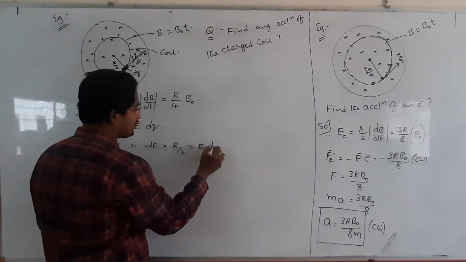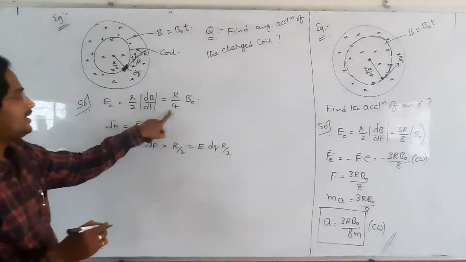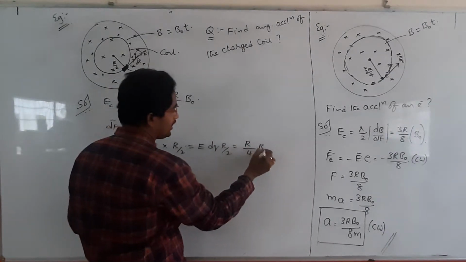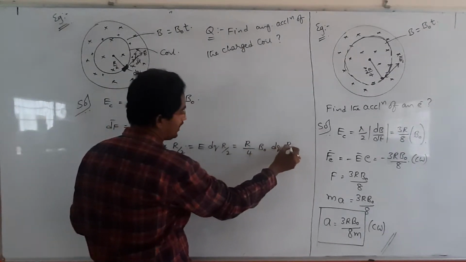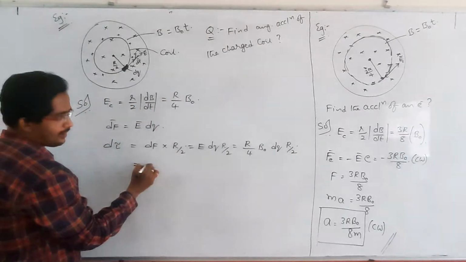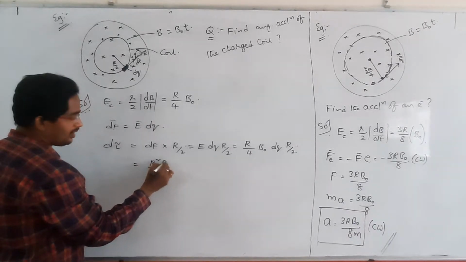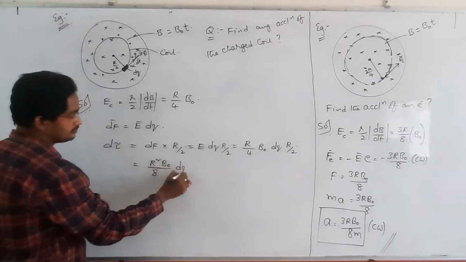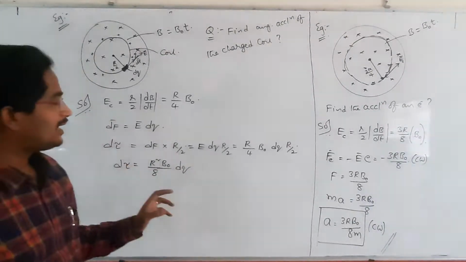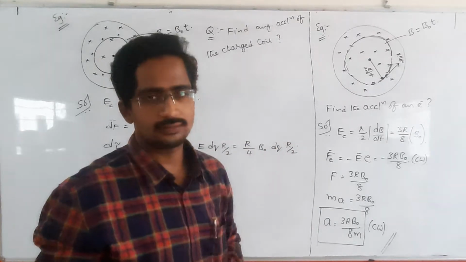E dq. What is the E value obtained here? R by 4 B naught into dq into R by 2. So totally R square by 8 B naught dq. That is the torque acting on the small elemental portion of the coil.